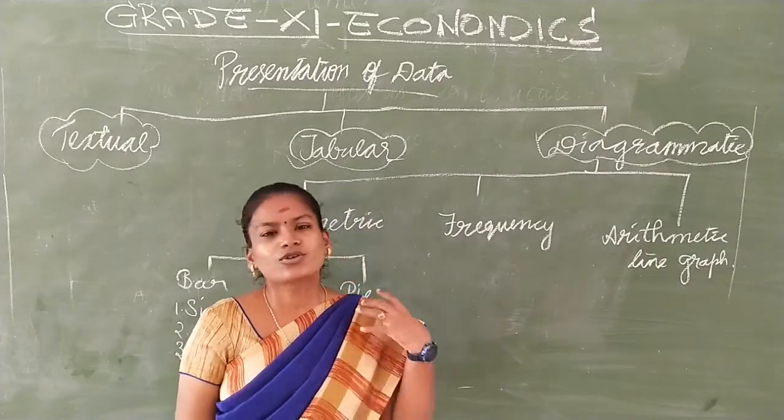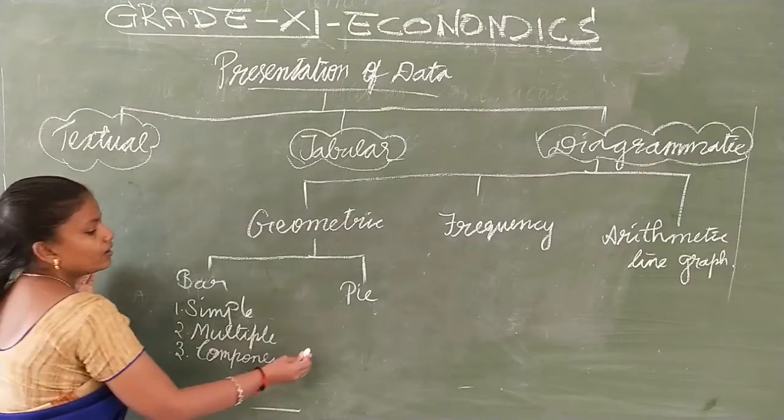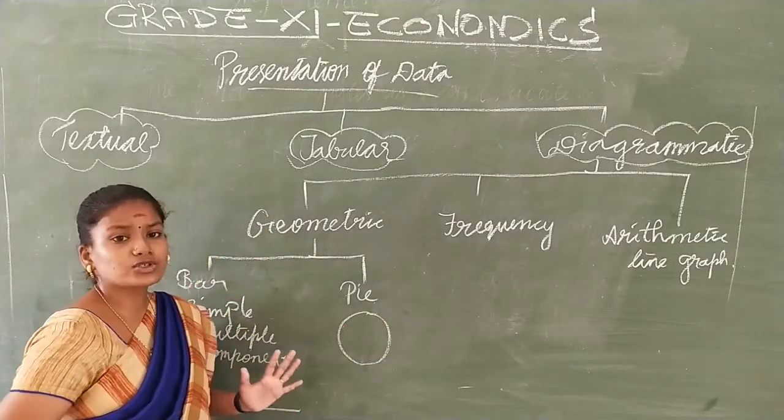Right, children? So in a pie diagram, it is simply a circle. How do you mark the actual data here?